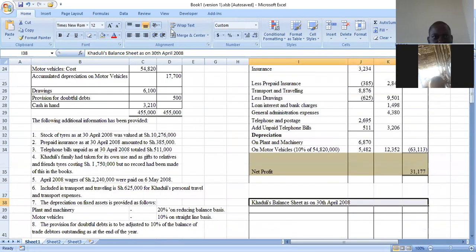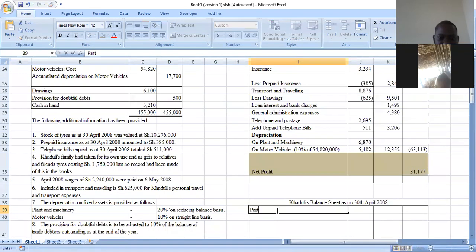So you have here the particulars. The amount in thousands.